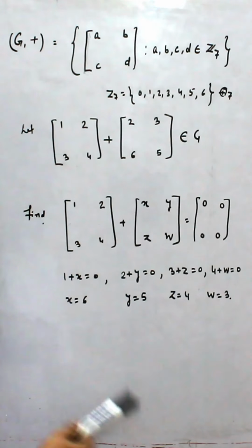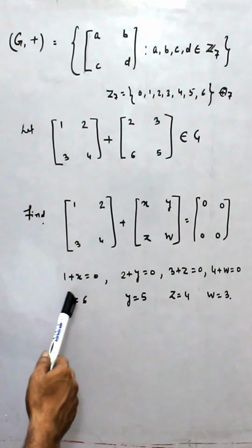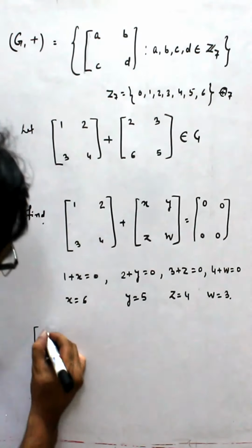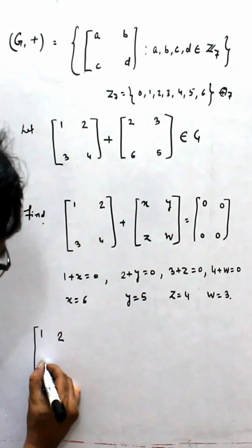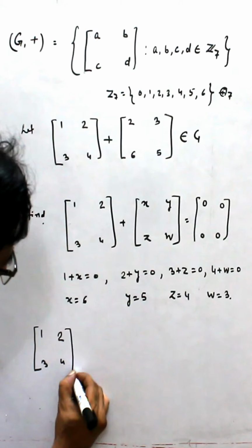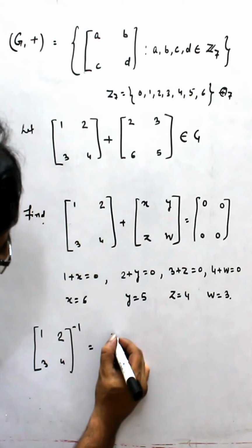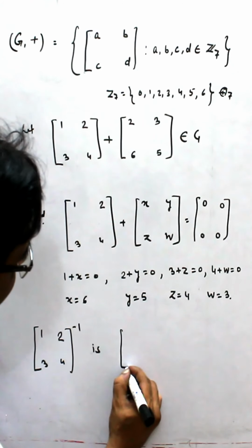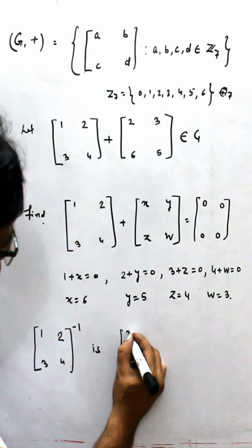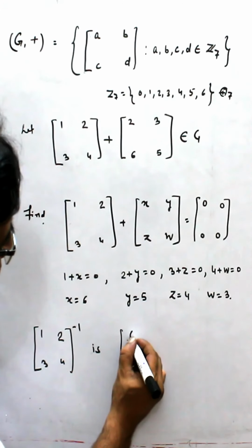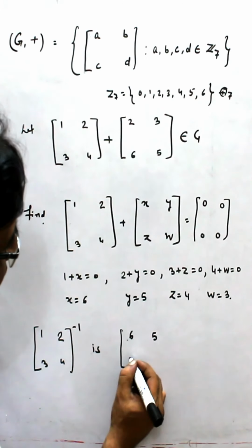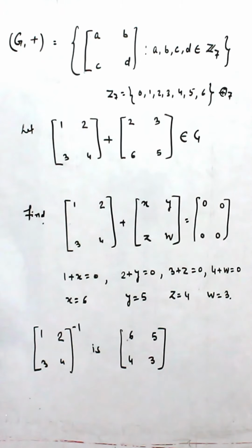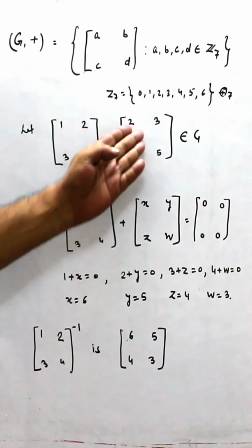That means the inverse of 1, 2, 3, 4 is 6, 5, 4, 3.